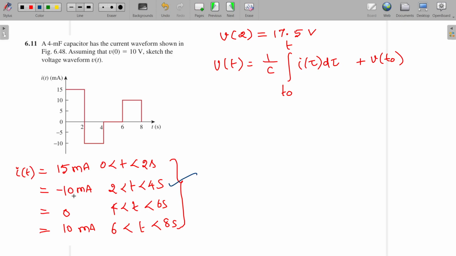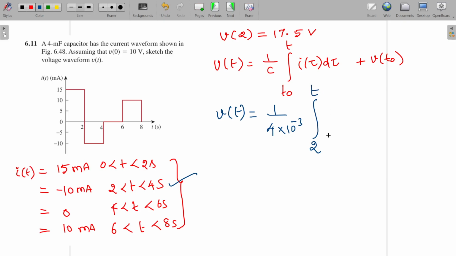For the second equation, I of t is equal to minus 10 milliamps for the time period between 2 to 4 seconds. So what is V of t? V of t is equal to 1 by C, which is 1 by 4 into 10 power minus 3, integral t naught to t. The t naught value here is 2, so the lower limit is 2.